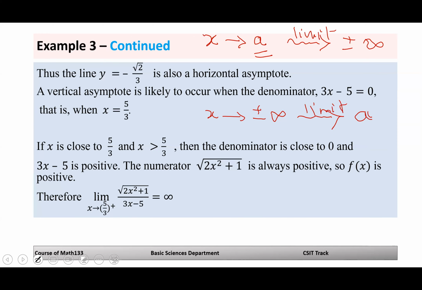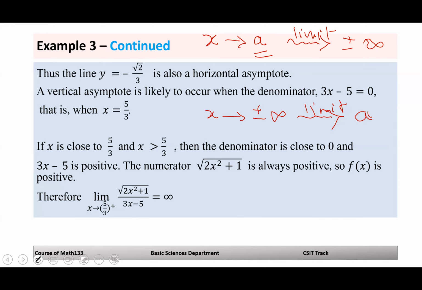Okay. And now it's clear for the horizontal asymptote. You just take plus infinity and minus infinity and verify every time these two limits, because sometimes they are different, and you conclude the horizontal asymptote. However, for the vertical asymptote, how to proceed?